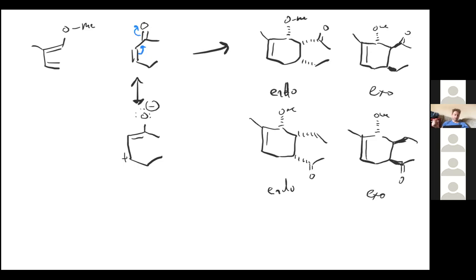Our resonance for our diene, I'm going to do it in 1 step so we can push the electrons down. It's going to shift this double bond and then kick these electrons down to the bottom of our molecule.